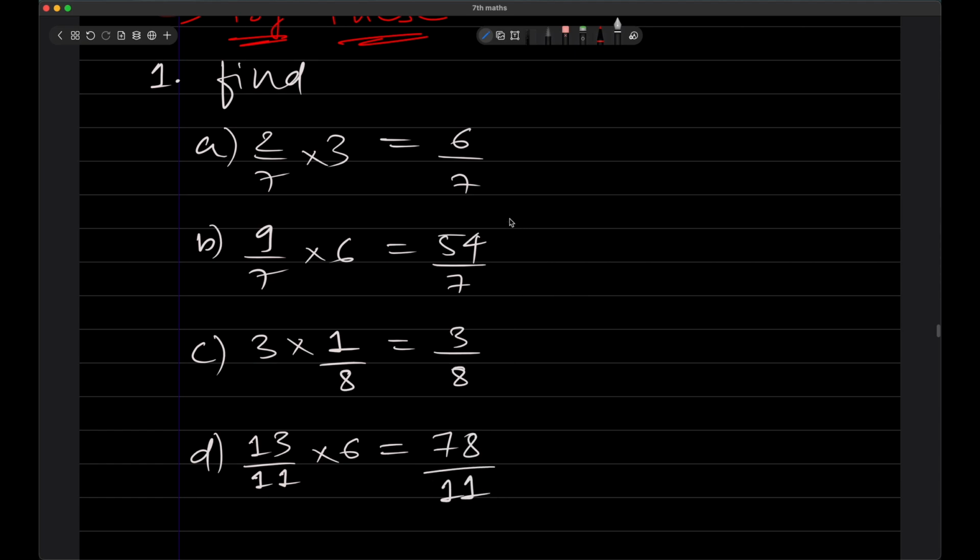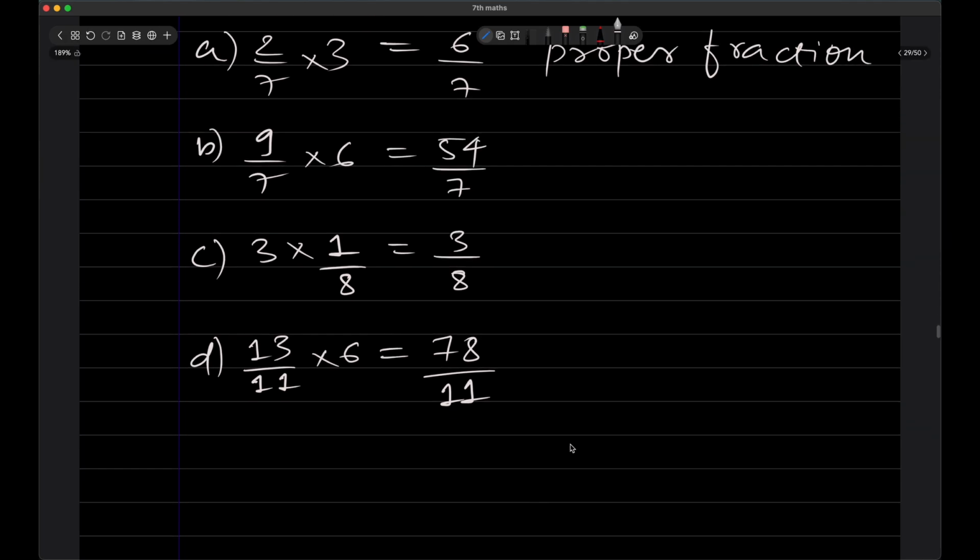We are asked that if the product is an improper fraction, then express it as a mixed fraction. An improper fraction is one where the numerator is greater than the denominator. So in the first case we get a proper fraction, and in this case we get an improper fraction.